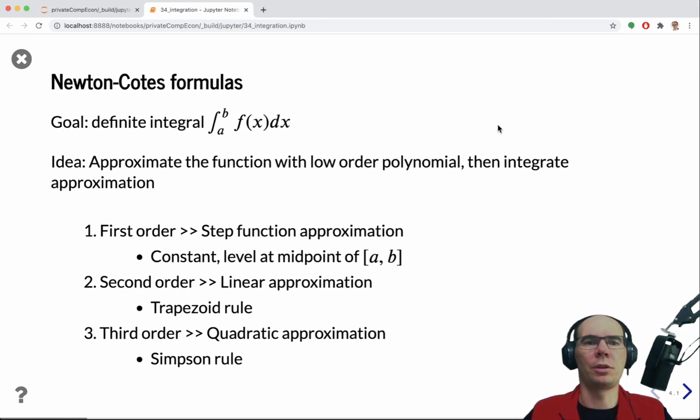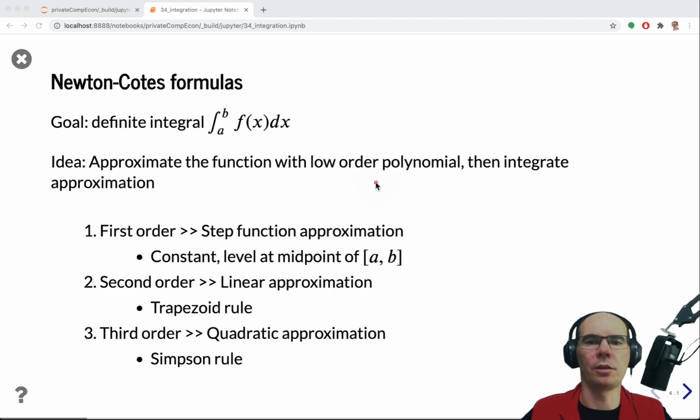The first step is Newton-Cotes formulas, with the goal of a definite integral between a and b of some known function f of x. The idea is very simple. We approximate the function somehow with some low-degree polynomials, and then integrate the approximation. So we calculate the integral of a very easy function, which represents our function of interest.